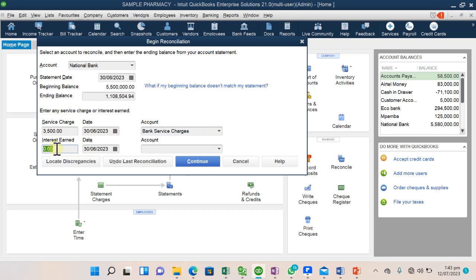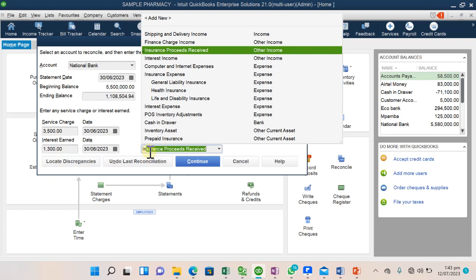But if it doesn't, then assume, let's say, an interest of 1,300, because any amount you skip will affect the reconciliation process. So this one is interest income here, interest income.